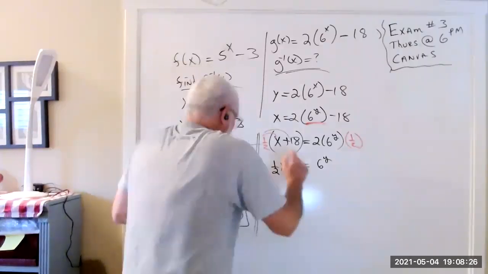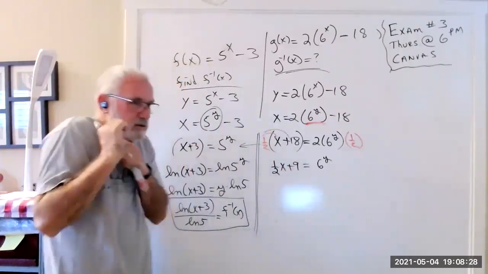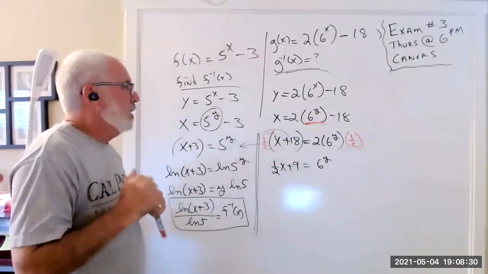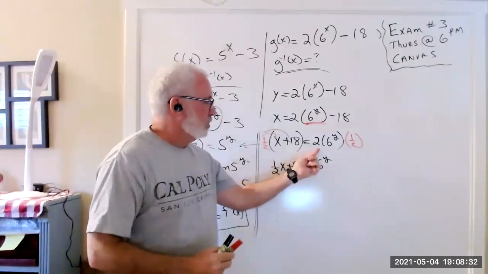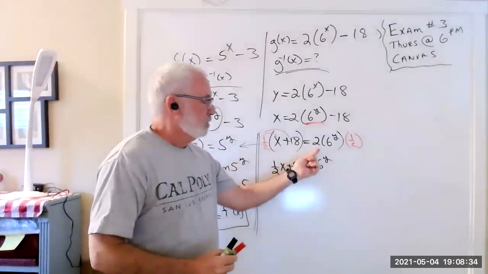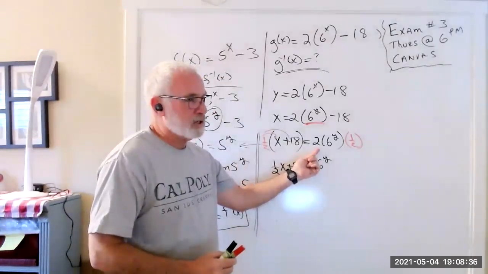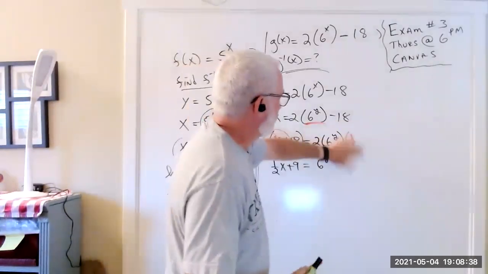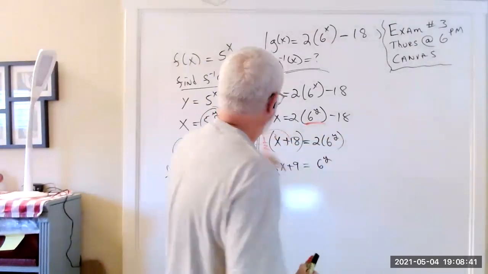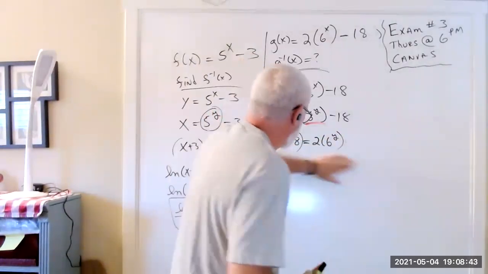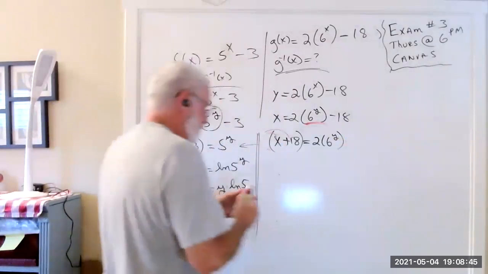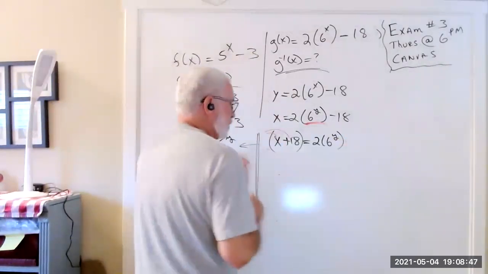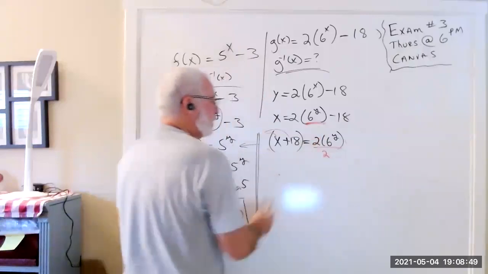Sorry, Professor, what's the half for again? Well, you wanted to get rid of the 2. Do you want me to do what Mitch said? That's what Mitch was saying. Let's look at it. Okay, so whatever, you got to get rid of the 2.